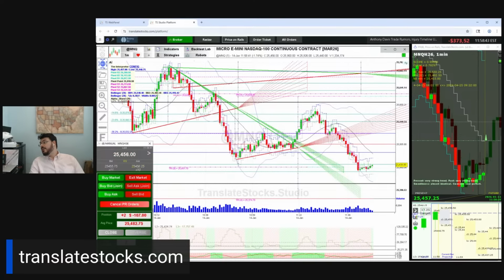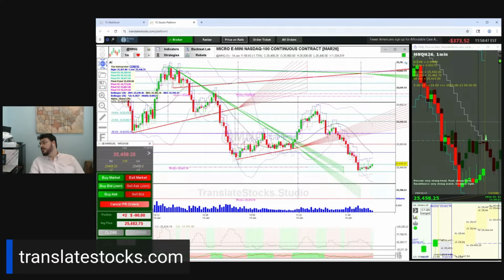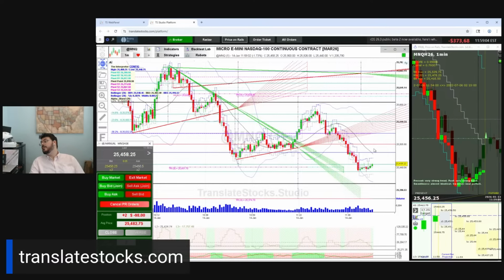It's not bad to have a long position right now. I'm just looking at the 60-minute to see where we are. We are way below the lower Bollinger Band of the 60-minute chart. So it's not hard for the price to bounce back here to our exit order.